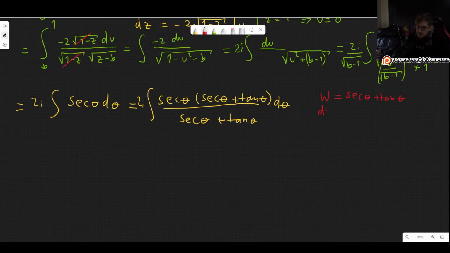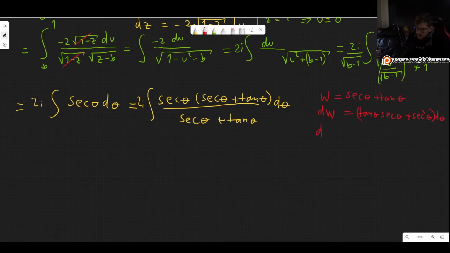So what is dw? Well, dw is going to be the derivative of these things. The derivative of secant theta is tangent theta times secant theta, and the derivative of tangent theta is secant squared theta, and all of this d theta.